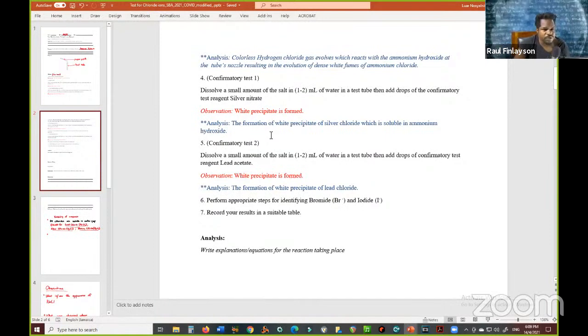There is also one where you should test for gases as well, but that's more of a face-to-face thing. So based on how things go, not sure that we'll get to do that. But certainly we want to do at least 2 qualitative analysis labs because that's compulsory. And in case you didn't know, CXC looks at the labs that you do when they give you the grade for your SBA, which is 20% of your exam grade.